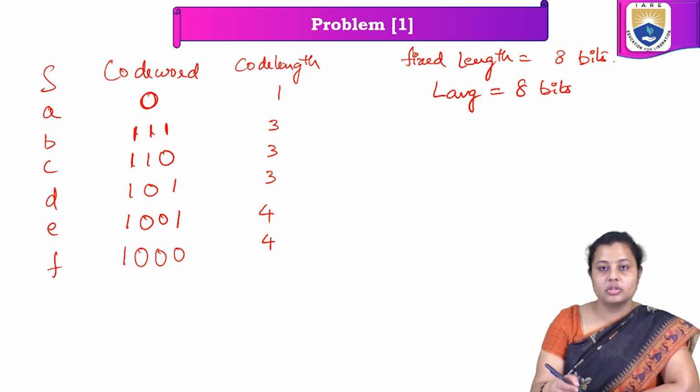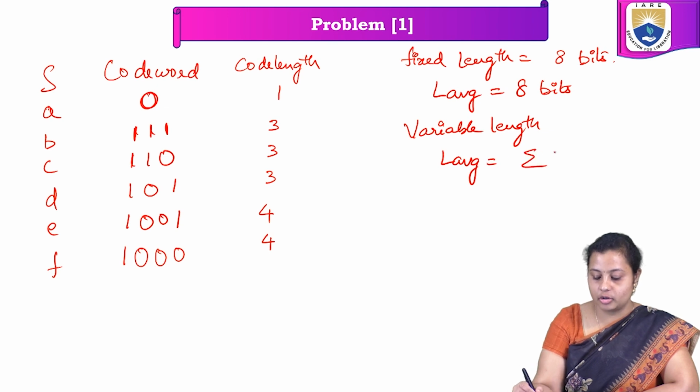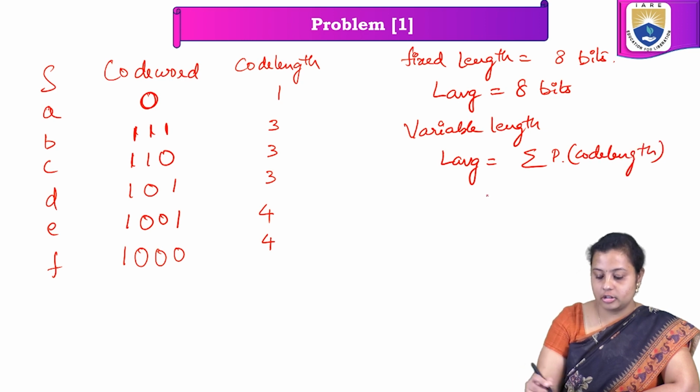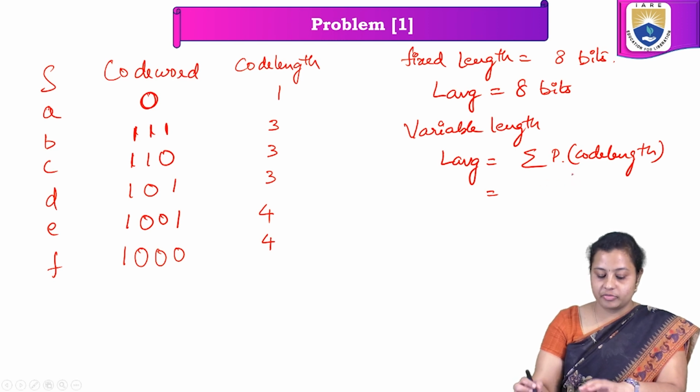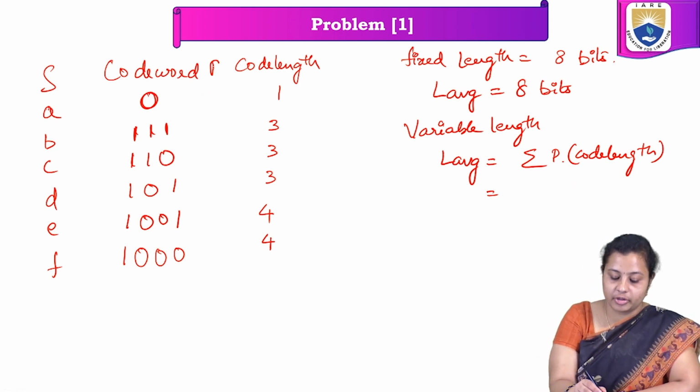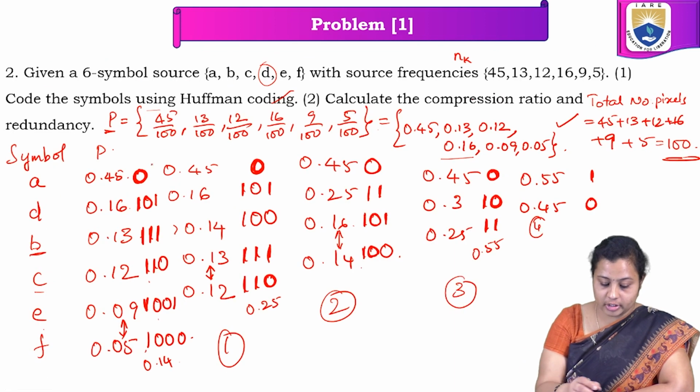Now when we are using this variable length, what will be my L average? L average is equal to the summation of probability into your code length. The probability of this A symbol is 0.45, right?